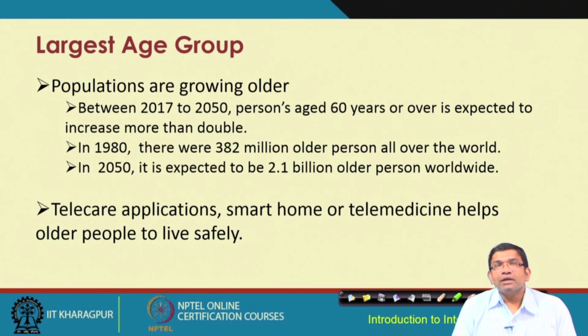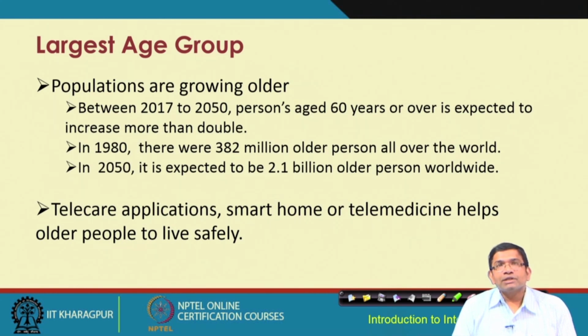So, this is a huge number. We have a growing population, and a growing population will also require taking care of their health; monitoring the health condition of elderly people efficiently will have to be done.